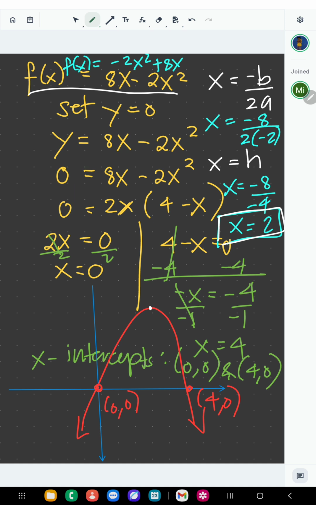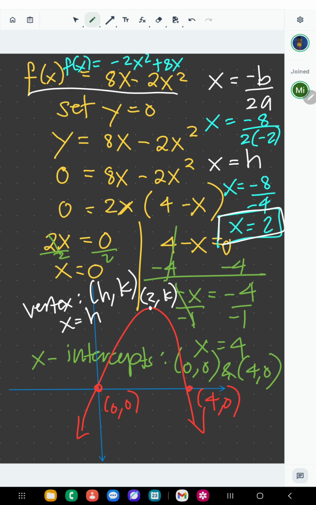And the axis of symmetry is also equal to the x coordinate of the vertex. Therefore, the vertex is (h, k), right? And the axis of symmetry is equal to h, so this is just (2, k).